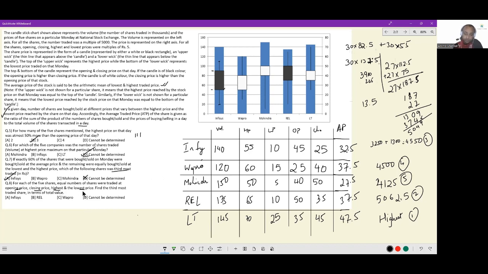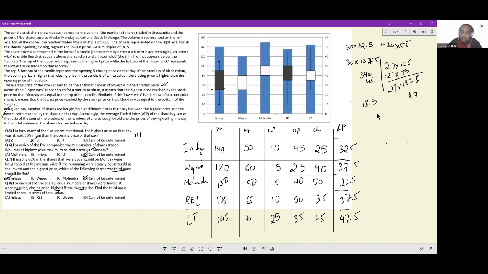Everything divided by 4. If equal number of shares were traded at this, the average price at which transactions took place can directly be ascertained by simply taking the average of these 4 numbers.